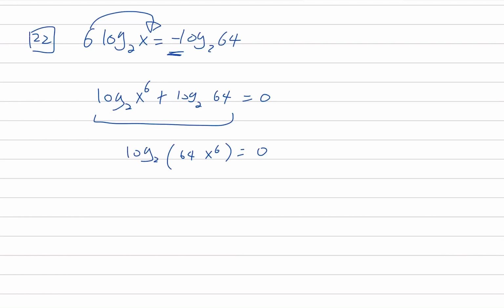Now we can rewrite this in exponential form. 2 to the 0 power is 1. Well, so let's write 2 to the 0 equals 64 times x to the 6. This is 1, so let's divide by 64 both sides. Again, this is the same as 1 over 64 equals x to the 6.